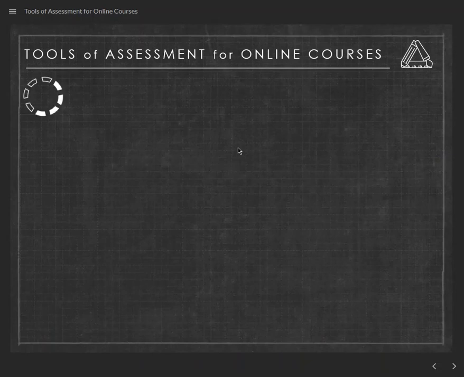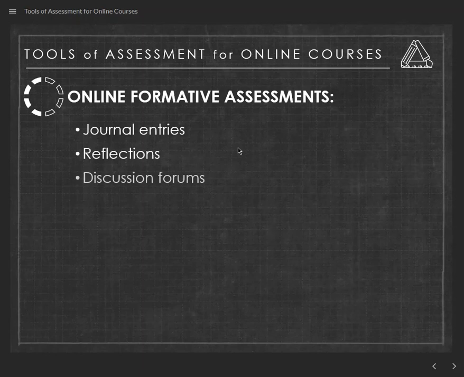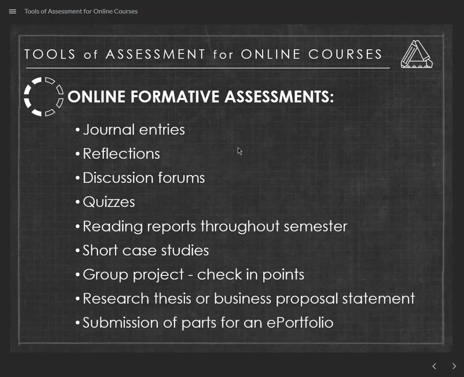All right. Well, you've said a lot of these. So these are the categories that I came up with in terms of online formative assessments. And you've said a lot of these: a research thesis, short case studies mentioned at one point, quizzes, discussion forums, etc. Maybe the other part would be if they're having to build out some sort of project. Let's say it's an e-portfolio, but let's say it's something larger.